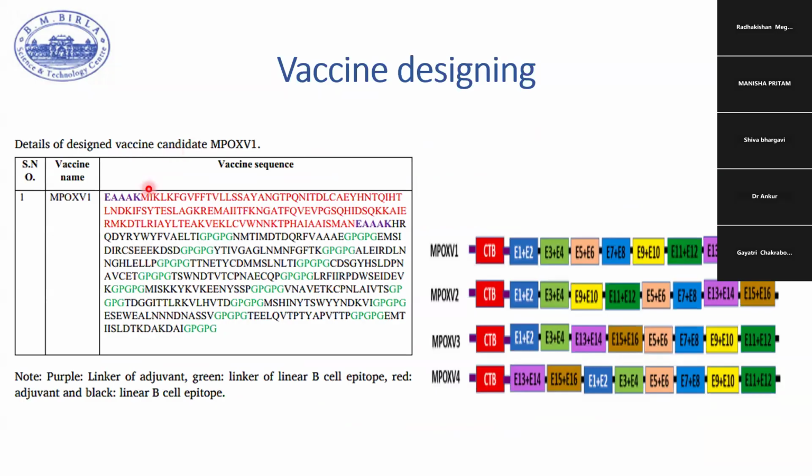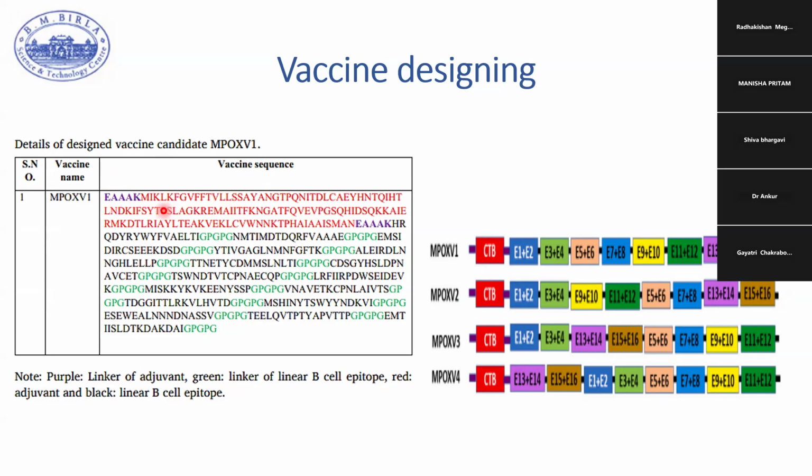After that, you have to combine all those predicted epitopes into a vaccine form. We always use a linker, EAAK or any other linker, to prevent cleavage or cutting of this area. This is just to protect our protein or vaccine design. If you see the red part, this is the adjuvant part.